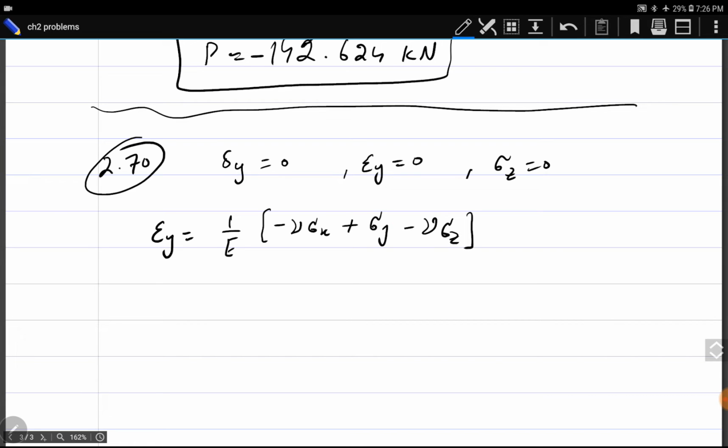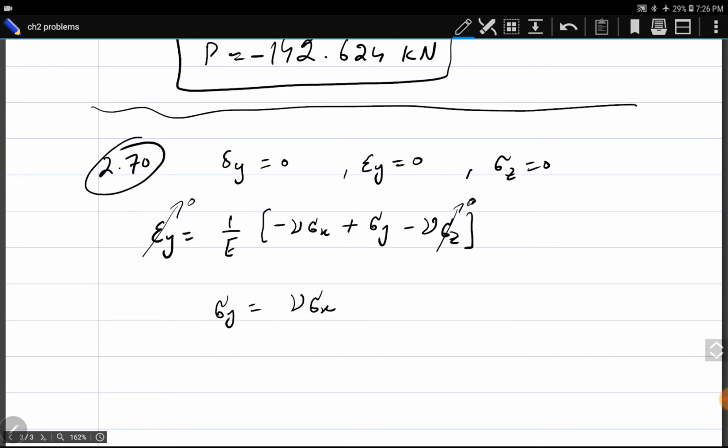Epsilon y is 0, sigma z is 0. These two terms have been omitted. So sigma y becomes equal to nu sigma x.